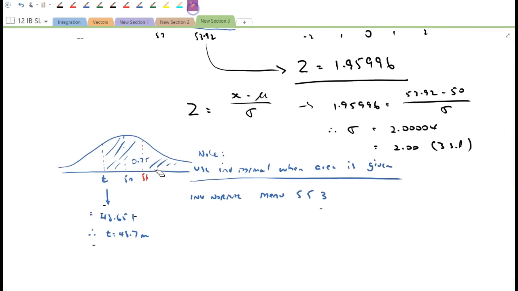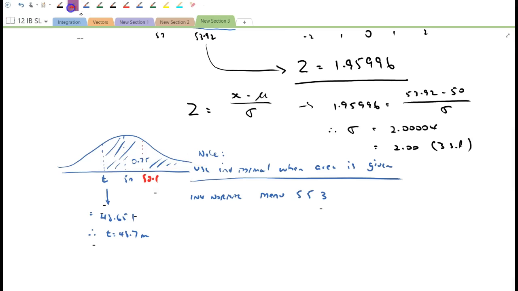We're going to put 50.1 here, because the probability that it's between 50.1 and 48.651 will be that area there. We calculate that using the normal CDF, and we'll put that over the sample space, which in this case is 0.75.